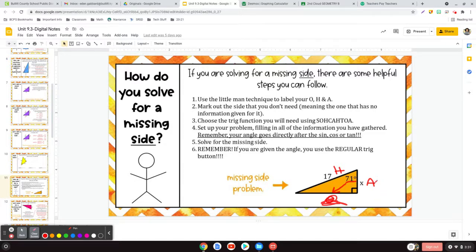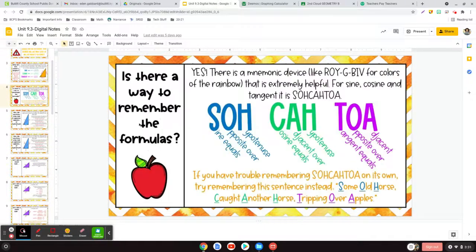If we were going to solve for our adjacent and our hypotenuse, what will we use? If you said cosine, you would be right, because we have our adjacent and our hypotenuse, and this tells us that that's what we're going to be using.